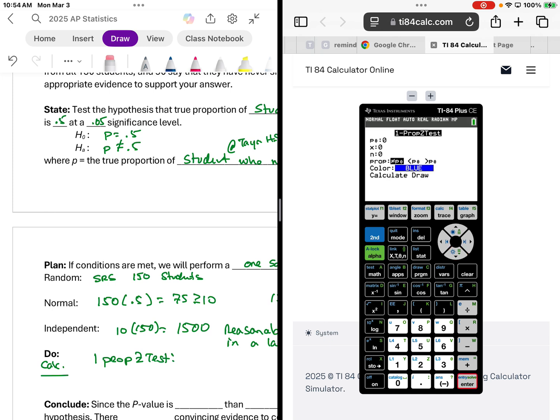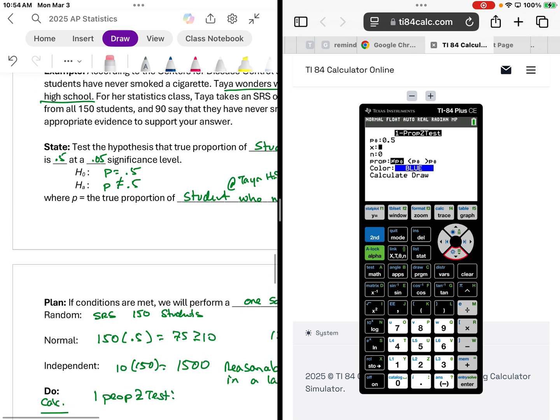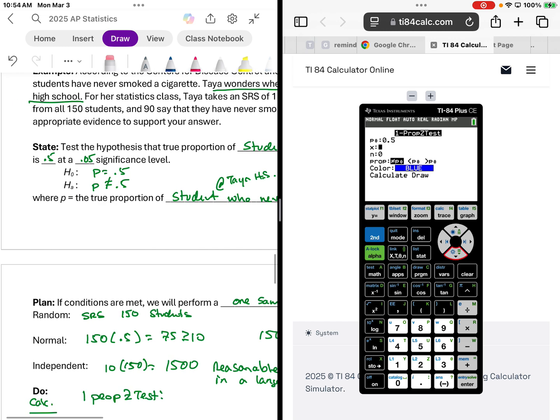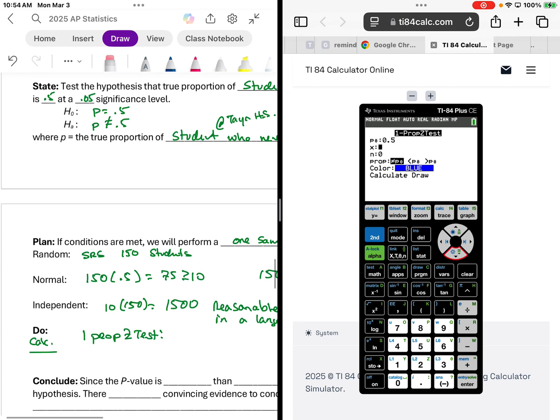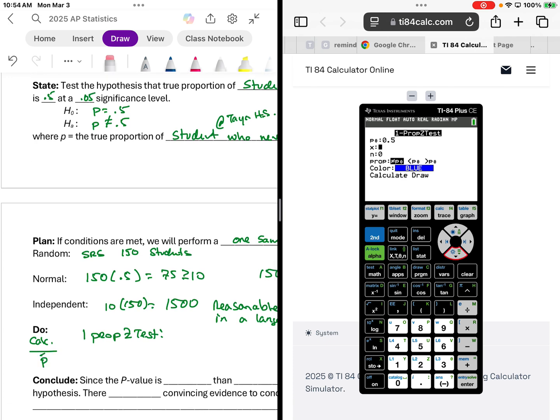I get to put in what my null hypothesis is, 0.5. Now, she said that it was 90 out of 150. All right, so our p-hat was 90 out of 150.